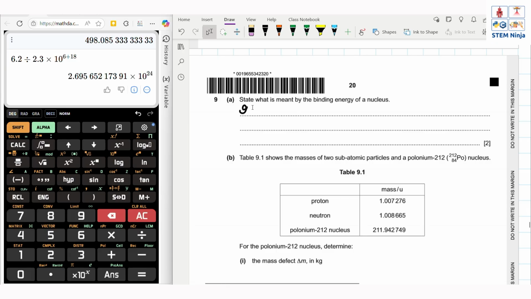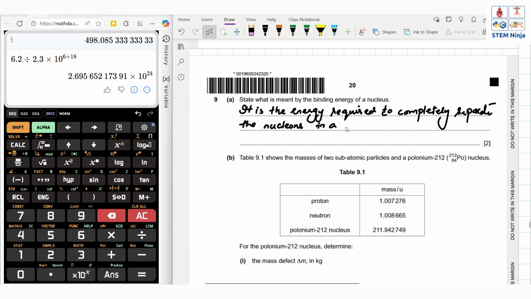So it is the energy required to completely separate the nucleons in a nucleus to infinity.